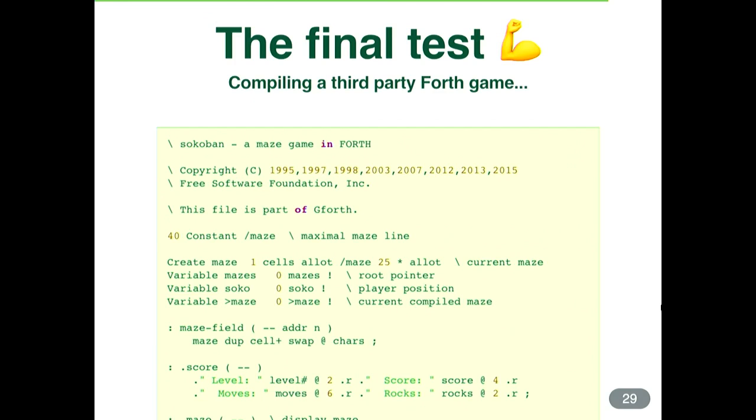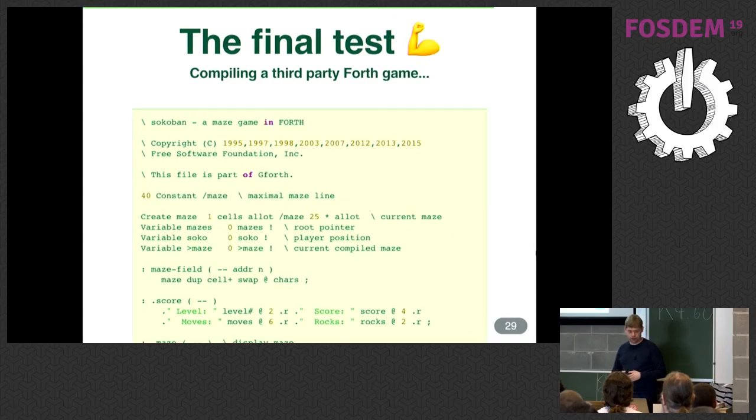So we decided to find a third-party Forth program, and this is Toca. It's quite old. It's included in the gbforth implementation, and it's, well, Toca, if you're familiar with it. Quite simple game. So the goal with this is to try and compile this into a Game Boy ROM.